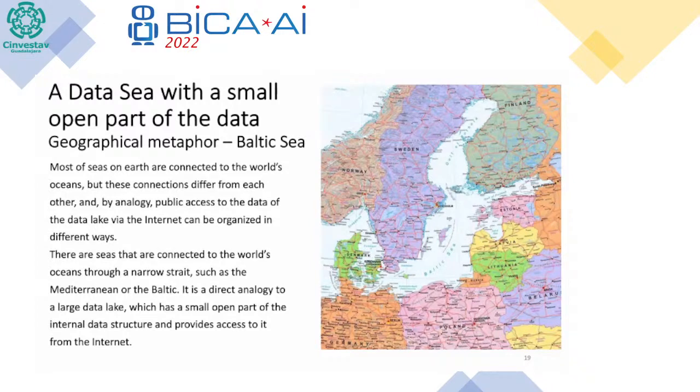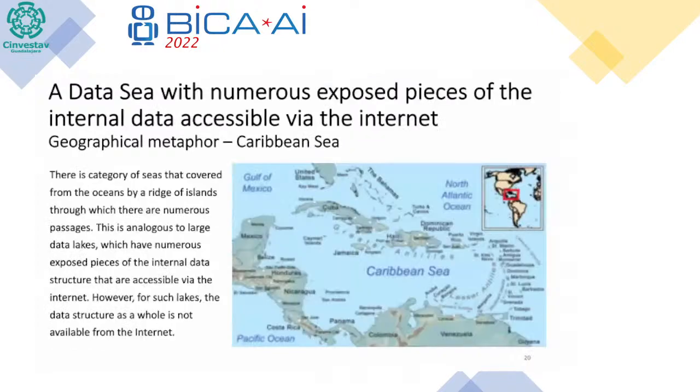And by analogy, public access to the data of the data lake via the internet can be organized in different ways. There are seas that are connected to the world ocean through a narrow strait, such as our examples. And this is a direct analogy to a large data lake, which has a small open part to the internet.